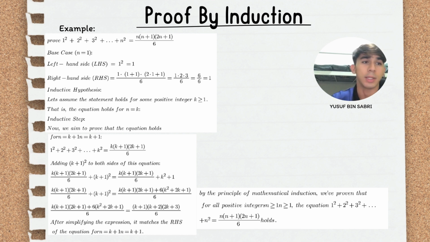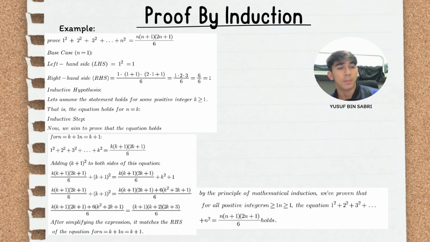Okay, we got k times (k plus 1) times (2k plus 1) divided by 6, and then plus (k plus 1) squared equals k times (k plus 1) times (2k plus 1) divided by 6 plus (k plus 1) squared.